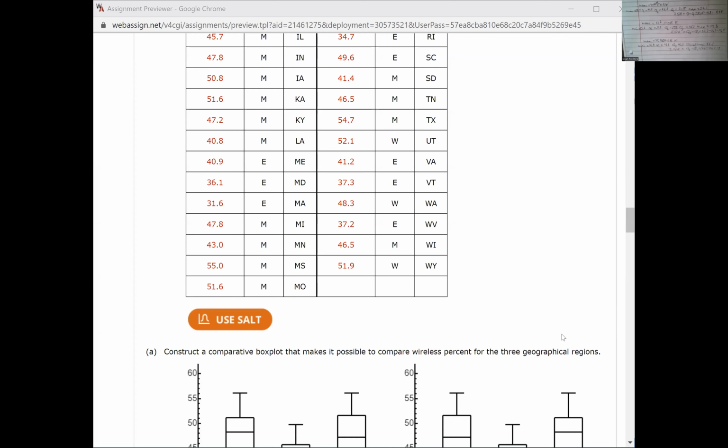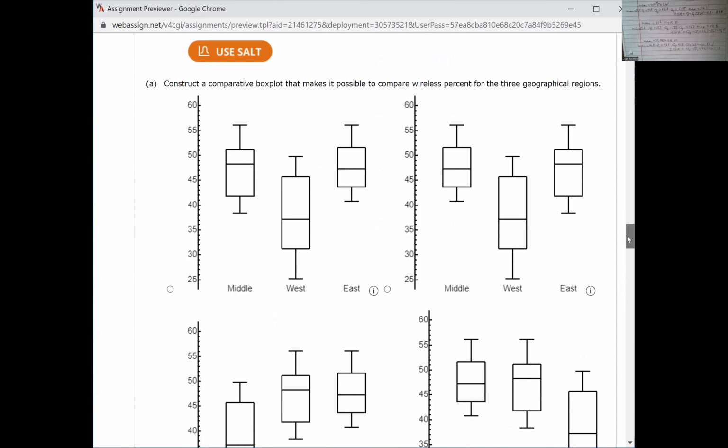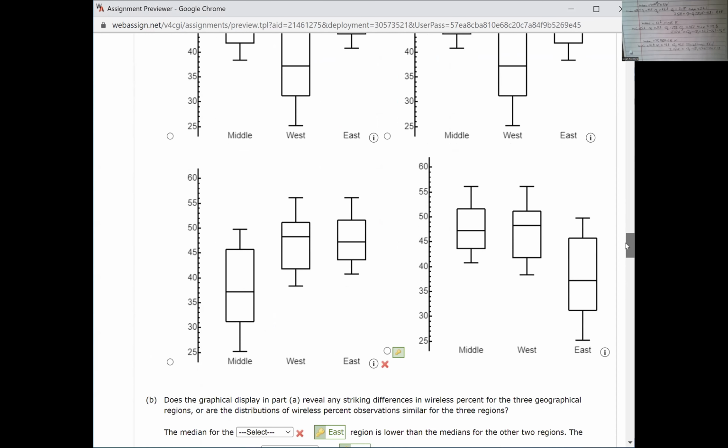And we're first of all asked to find what graph here actually demonstrates the data in which we had. And it's this one right here.